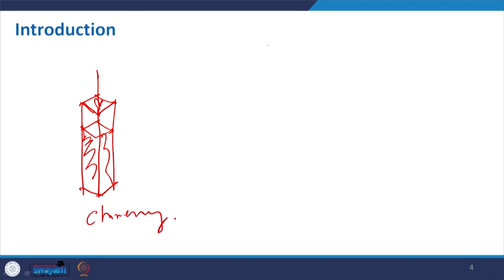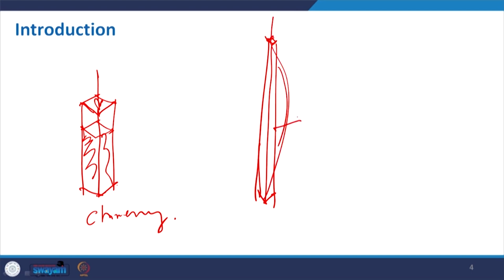But when you have something like this, with a very thin cross section, a very long column, and you apply load, it will try to bend. Buckling will happen. So, depending on that principle, we have to select our structure accordingly, so that it will sustain the applied load.